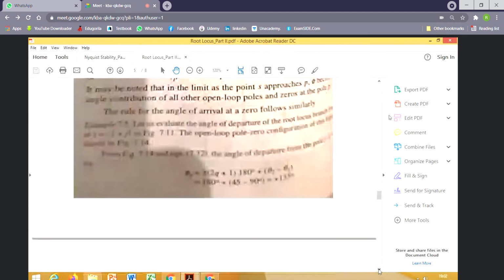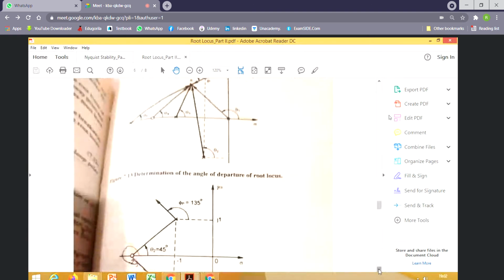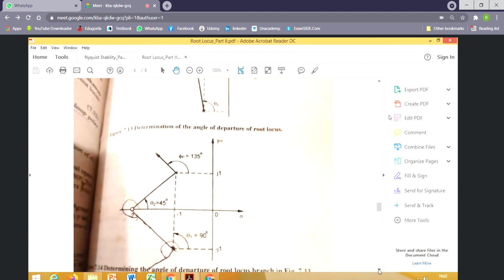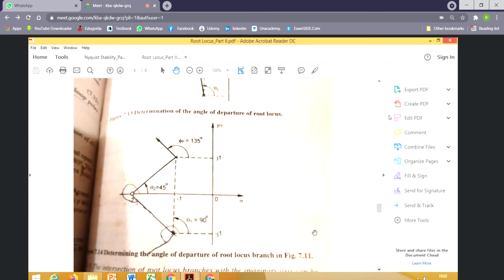So let's now consider the open loop pole zero configuration of a given system, which is like this. So two complex conjugate open loop poles and one single zero, right?